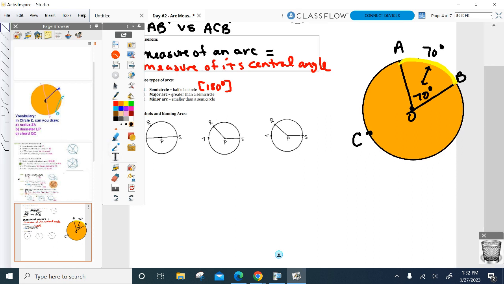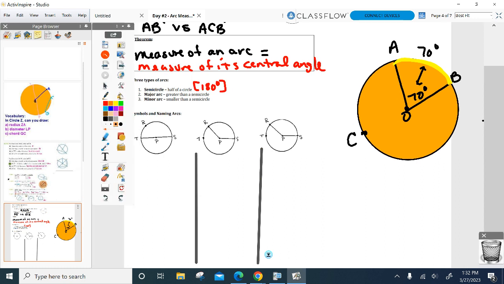All right, by yourself or in your groups right now, I have 3 diagrams. I want you to identify these 3 types of arcs. In diagram number 1, I want you to identify a semicircle for me. Name it properly, please, with the correct notation we just went over. Diagram number 2, identify a minor arc. And then finally, in number 3, identify a major arc.